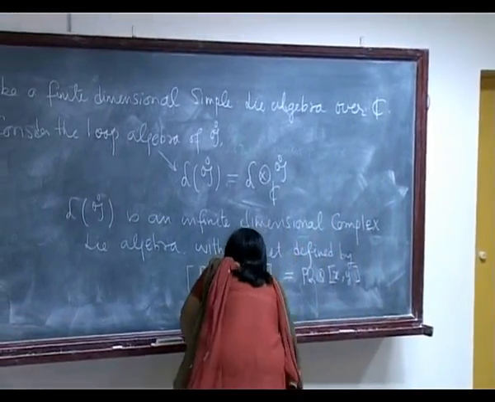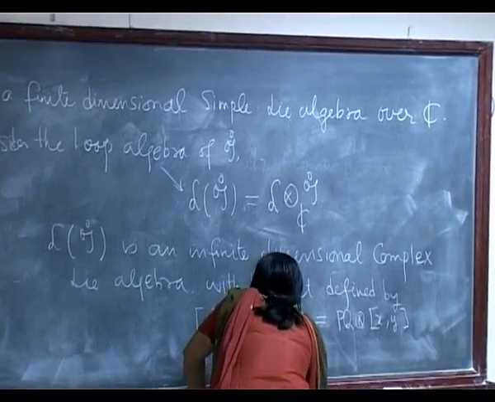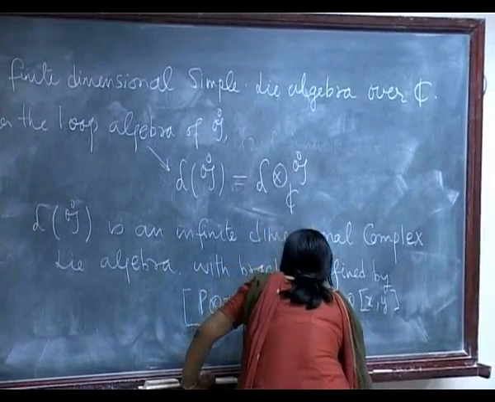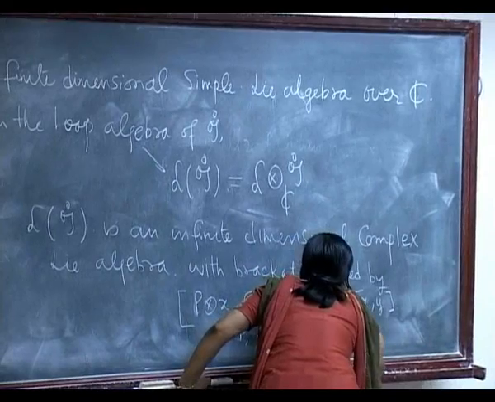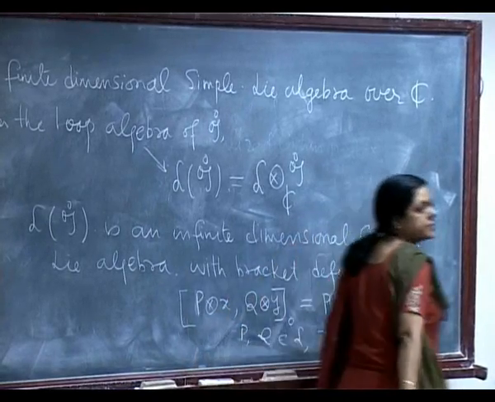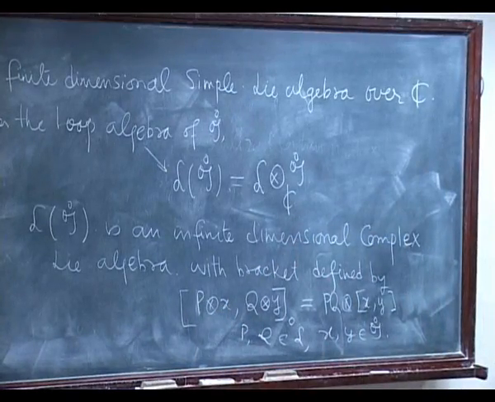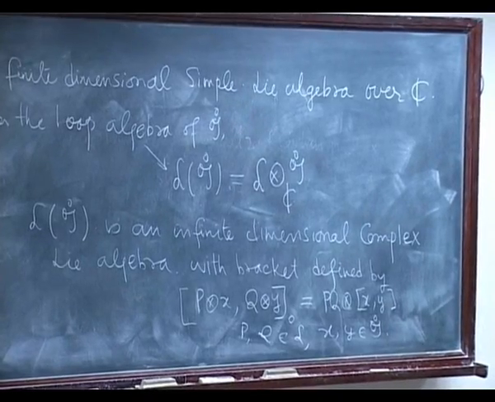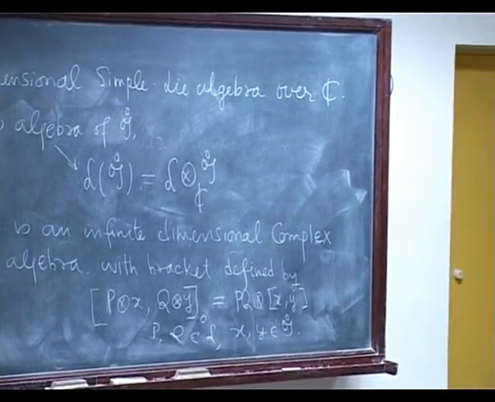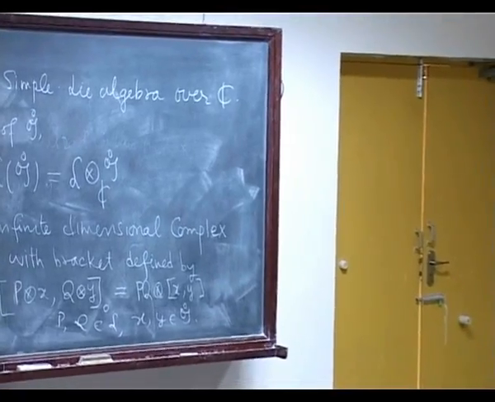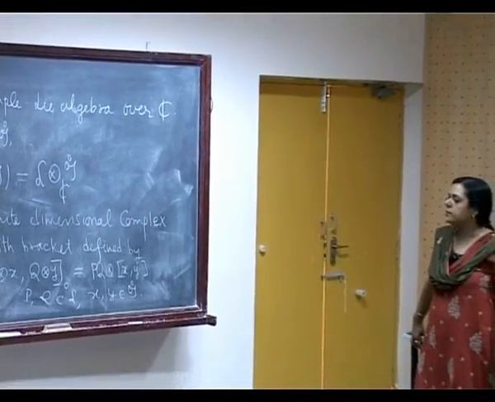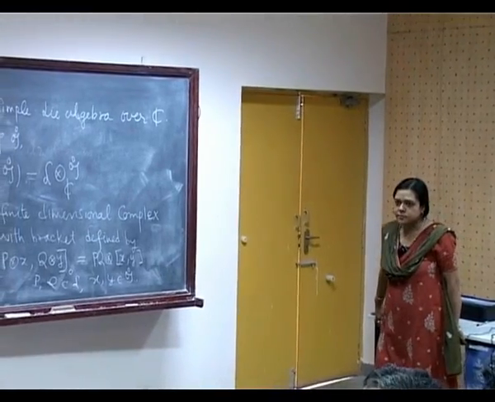So, P Q belongs to L, X Y belongs to G naught. So, this is the bracket. Okay. So, with this bracket, this loop algebra is an infinite dimensional complex Lie algebra.